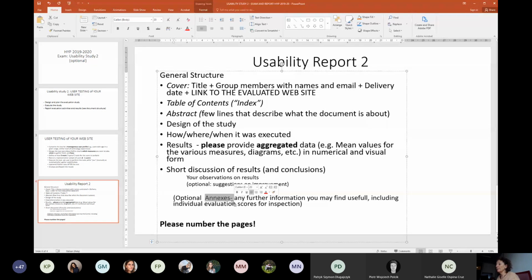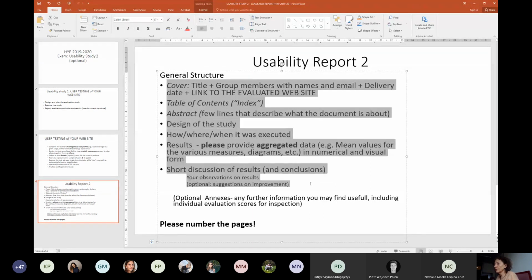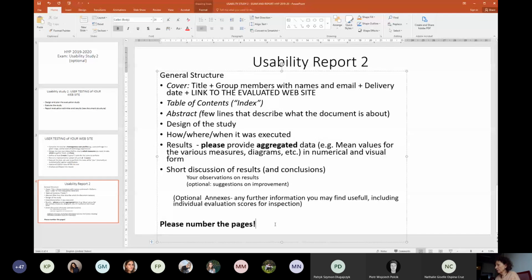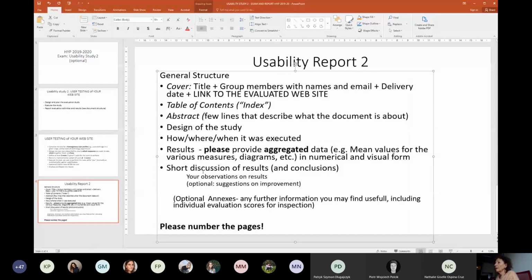So if you have the report of the questionnaires from your users, any data, that is concise. I forgot to say that this should be maximum 10 pages. And any annex, the annexes are important because you can report the raw data. You can provide evidence that you did the work.